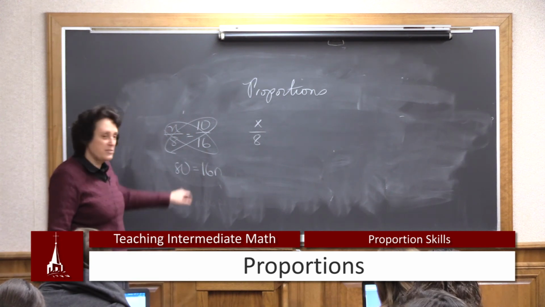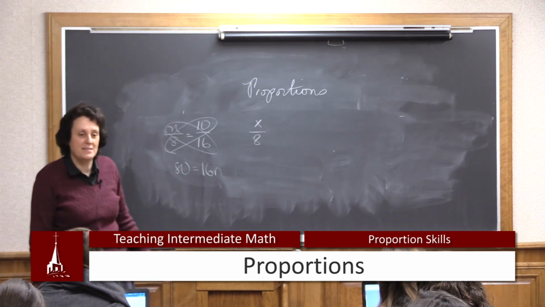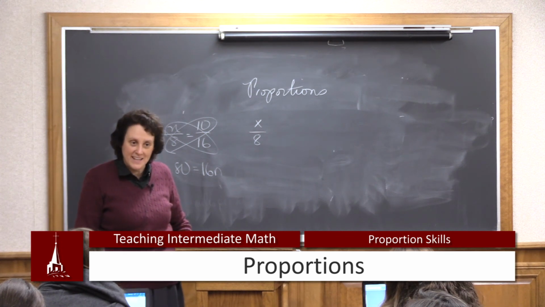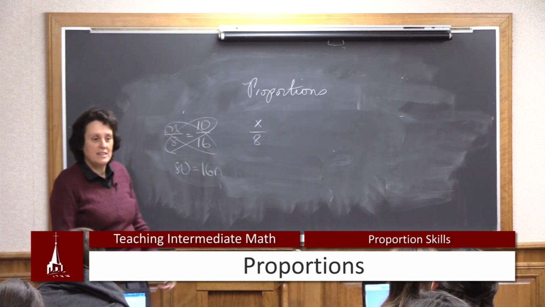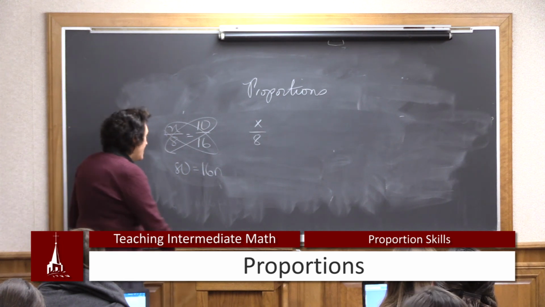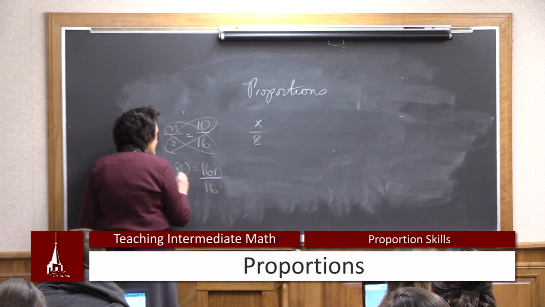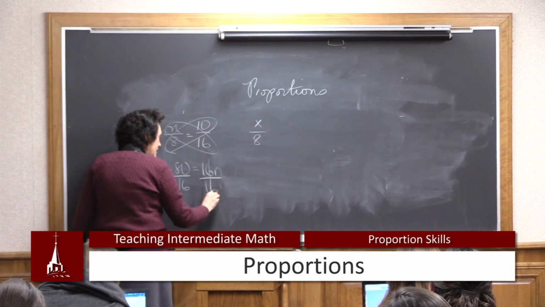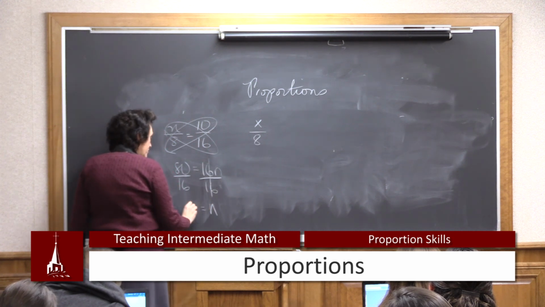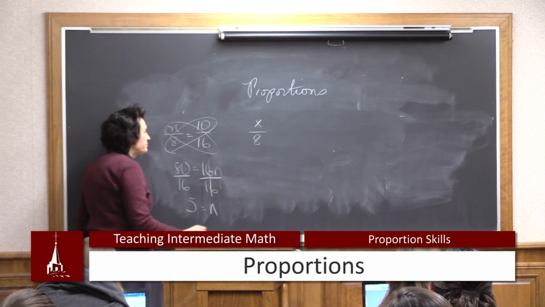Do fifth graders know 16 times n is the same as 16n? I have to start training them with that. And then we're going to solve for n by dividing both sides by 16. So n has to be 5.